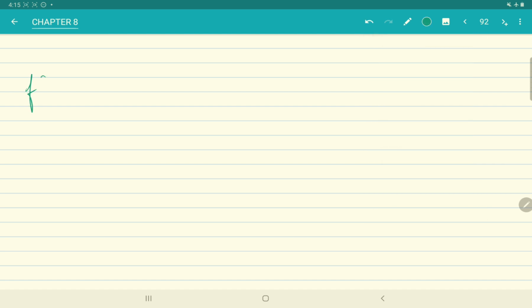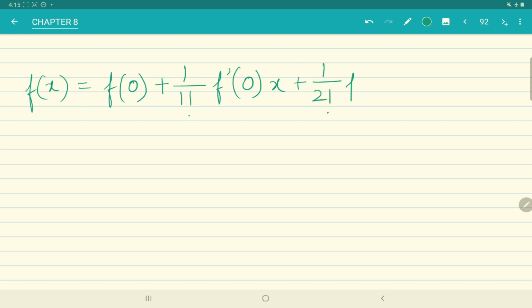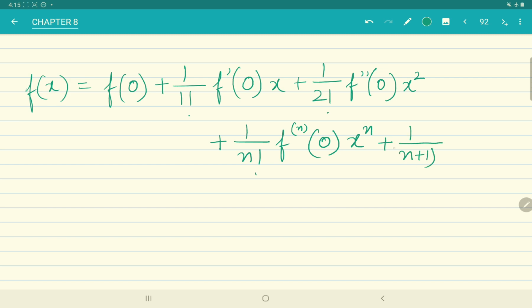So in the case of the Taylor's formula, I can write f of x is equal to f of 0 plus 1 upon 1 factorial f prime 0 x plus 1 upon 2 factorial f double prime 0 x squared plus 1 upon n factorial f superscript n of 0 x raised to the power n plus 1 upon n plus 1 factorial f superscript n plus 1 of c x raised to the power n plus 1.